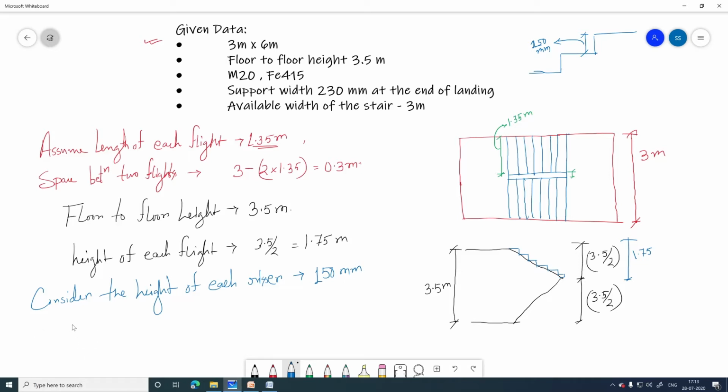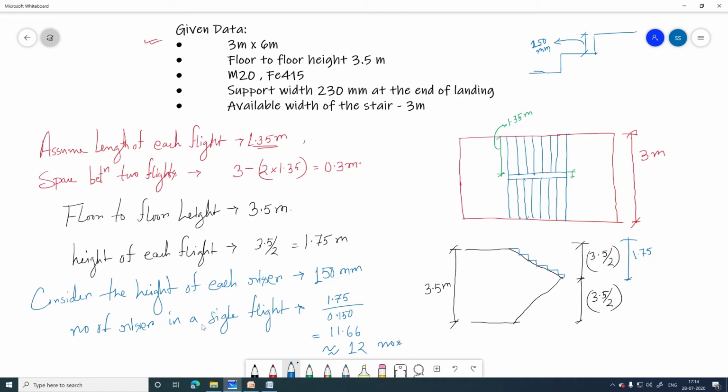So how many numbers of risers we need to provide in a single flight? So number of risers in a single flight will be 1.75 by 0.150, that is in meter, right. So it will be near about 11.66. Now it is near about 12, so we will provide 12 numbers.